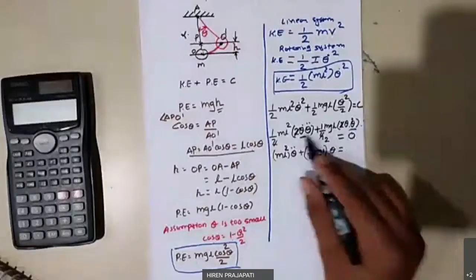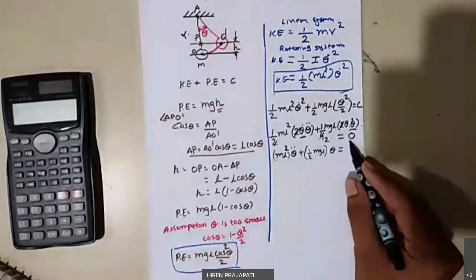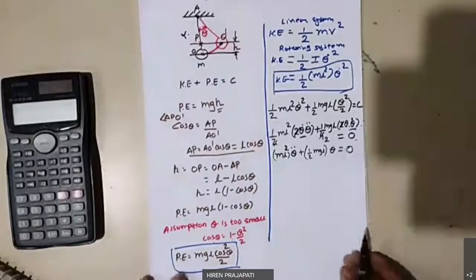Velocity common goes to the right side as a denominator of 0, then that becomes 0, right?